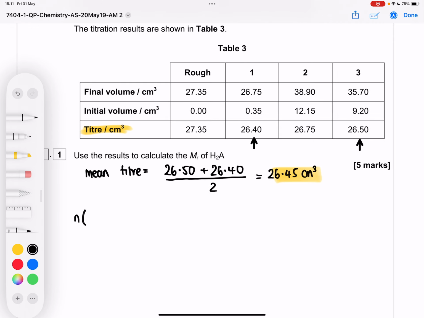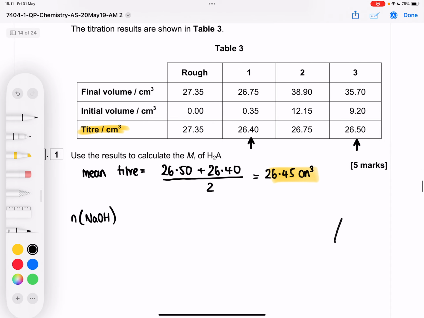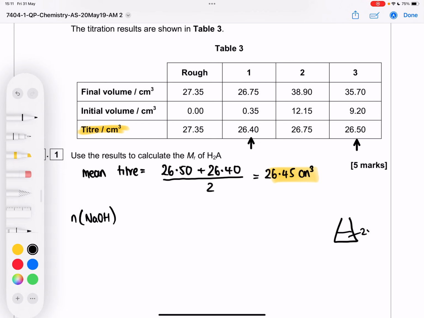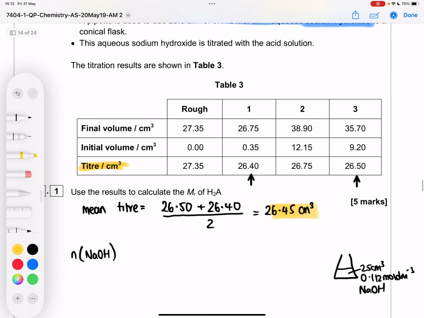So now we can work out the moles of the NaOH in our conical flask. Let's just envisage this a little bit. In this conical flask, we've put 25 cm³ of 0.112 mol per dm³ NaOH, which was our alkali, and our ratio is 2:1.